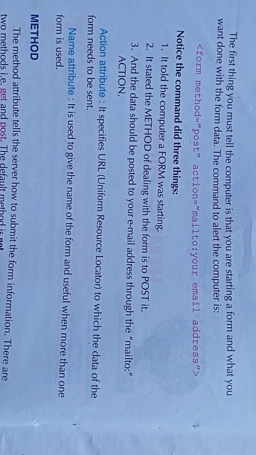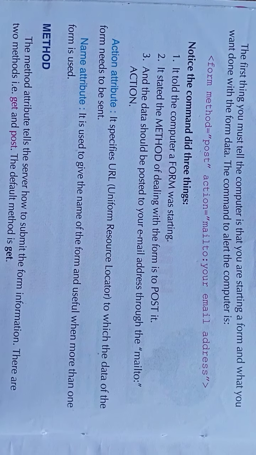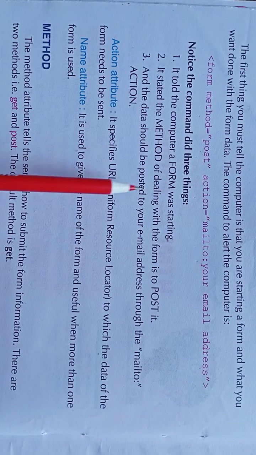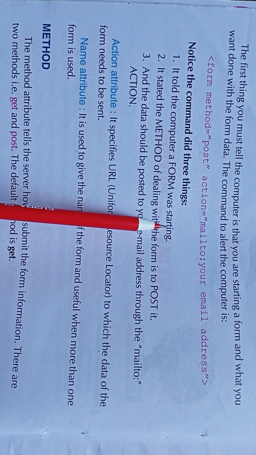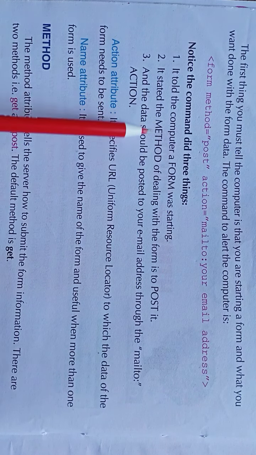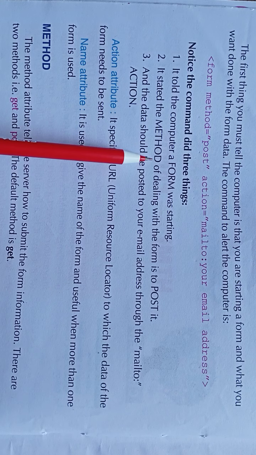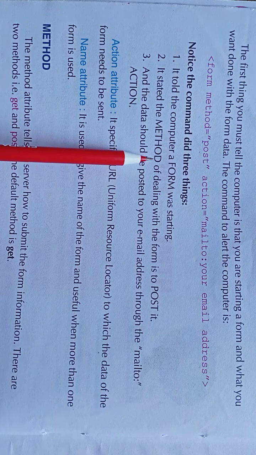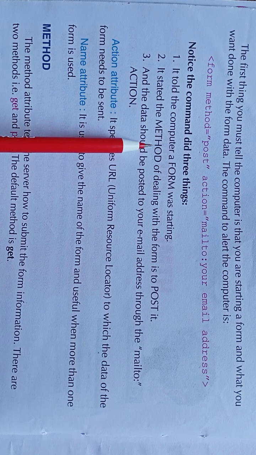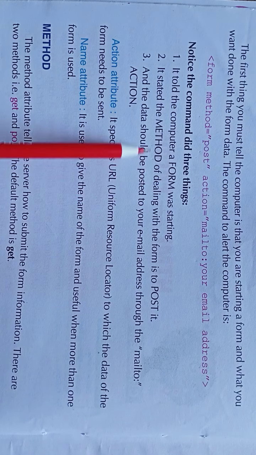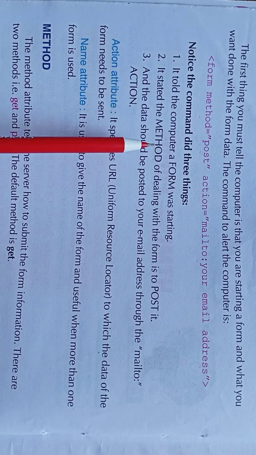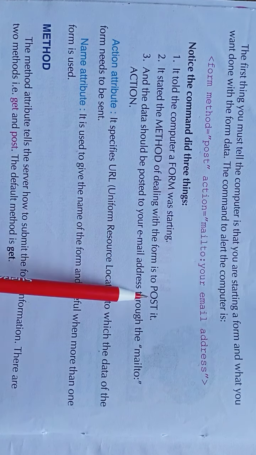So here you have seen, first when we write form, we are telling that a form is starting. And when we write the method, method means what has to be done with the form, the dealing of the form. The dealing of the form is that whatever has been written in the form needs to be posted.